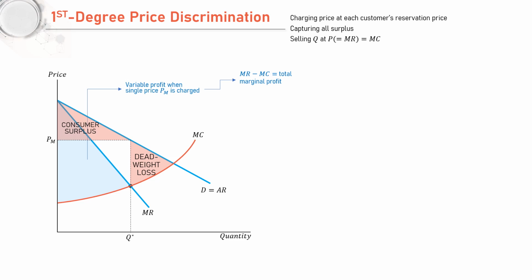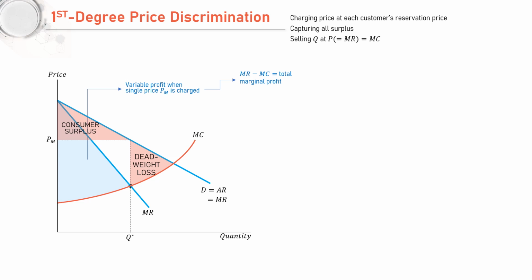With first degree price discrimination, however, the situation is different. Instead of charging a single price at PM, the firm sets different prices for each of its customers based on their reservation price or maximum willingness to pay. It implies that the firm's additional revenue, or MR, now will be the same as the price level, or the demand curve is also the marginal revenue curve.